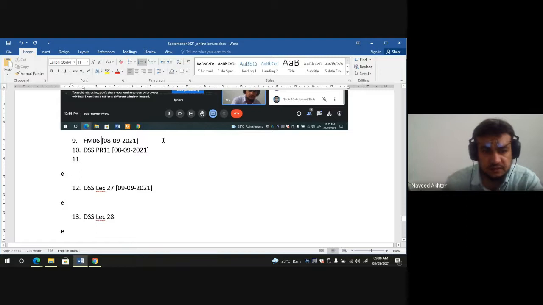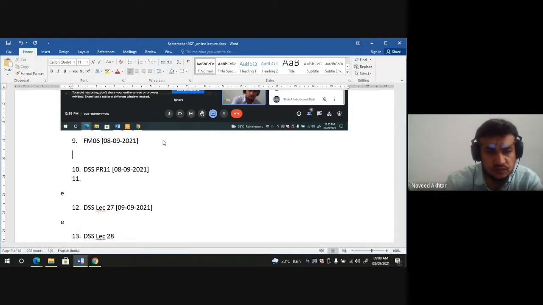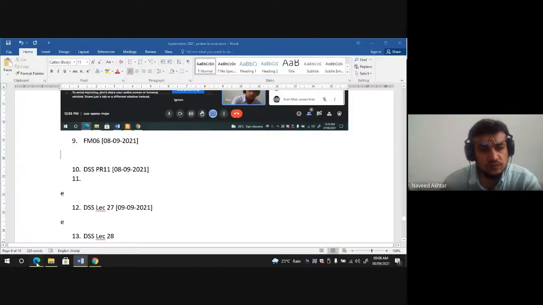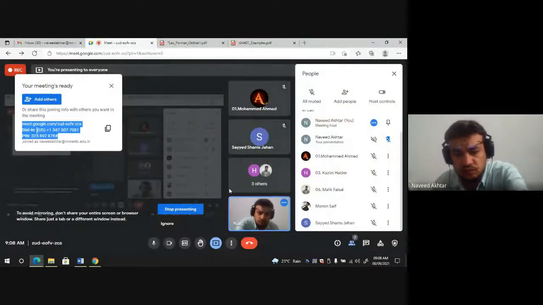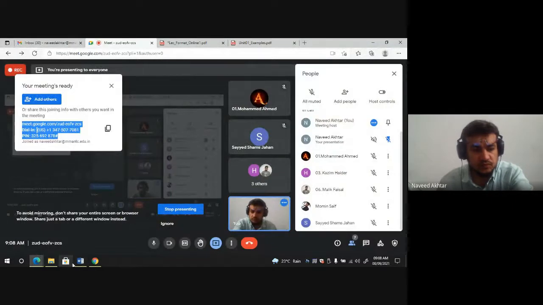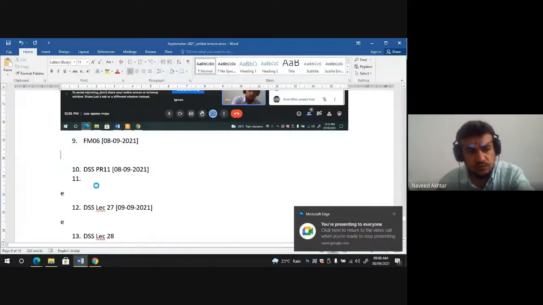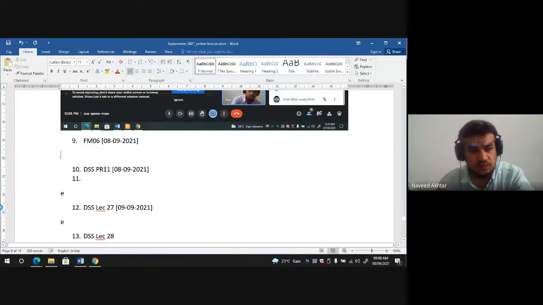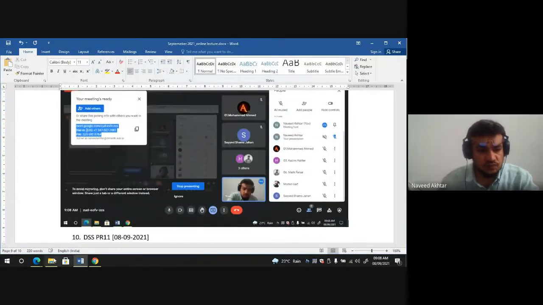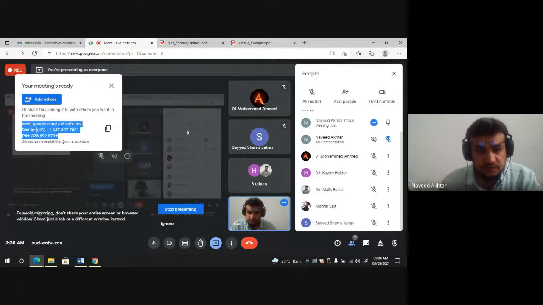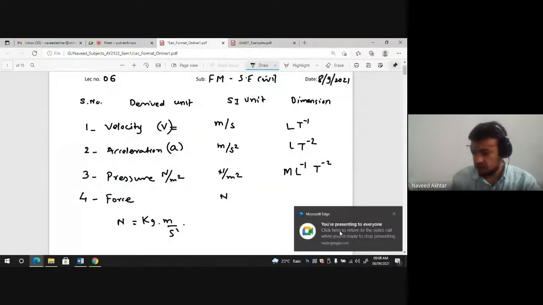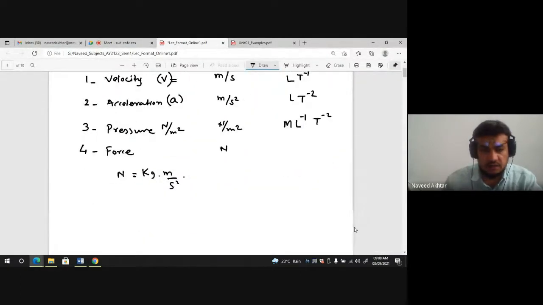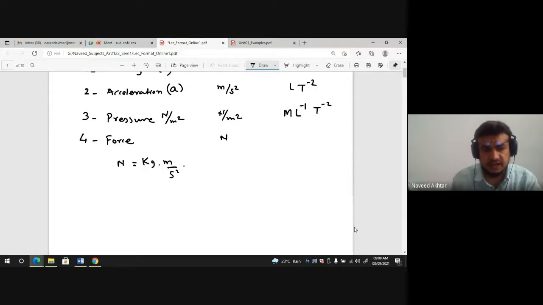So it is mass into acceleration. Generally, force is mass into acceleration.